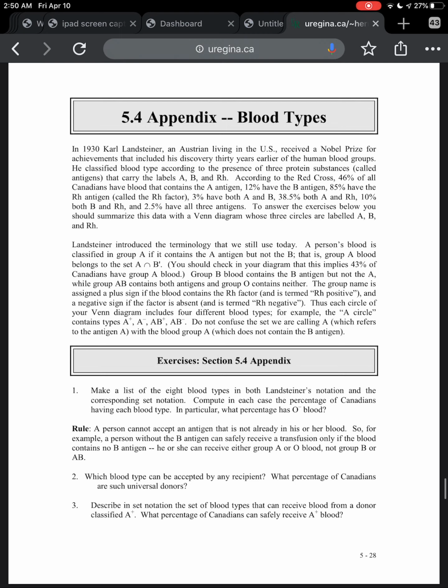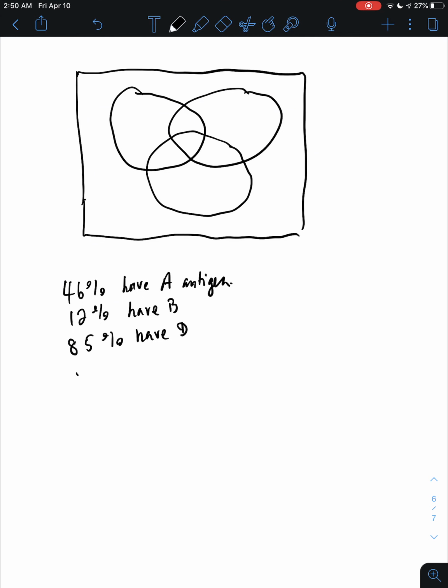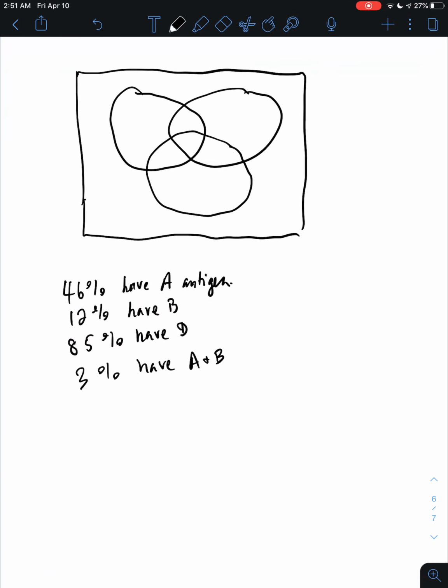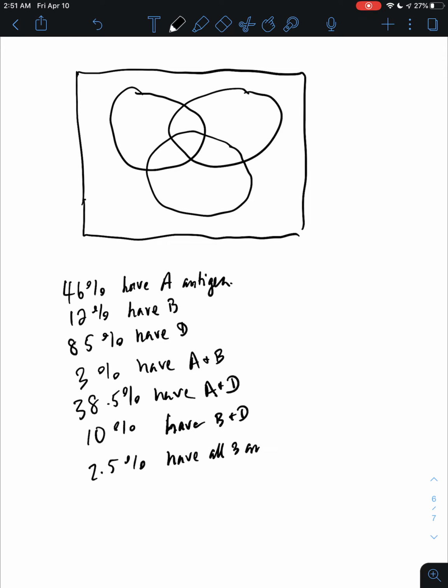3% have A and B, 38.5% have A and RH, 10% have B and rhesus, and 2.5% have all three antigens.